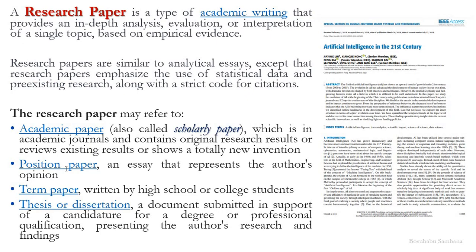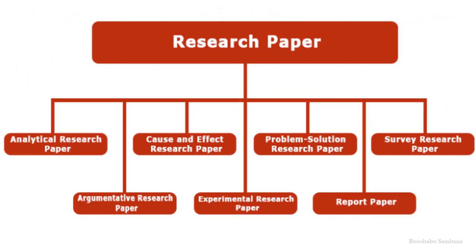Okay, upcoming topic: what is a research paper? We know that there are different types of research papers, which we use to express our views on the problem we find. Generally, what is a research paper?